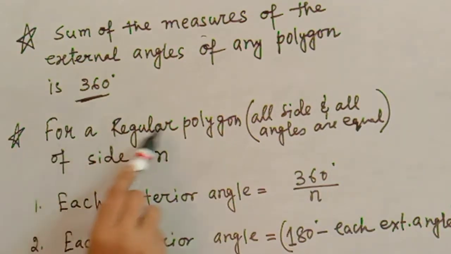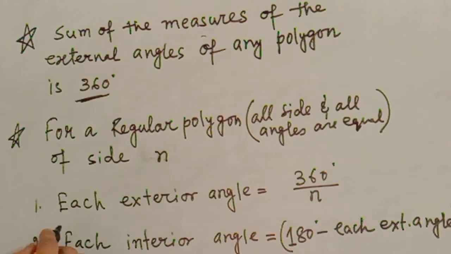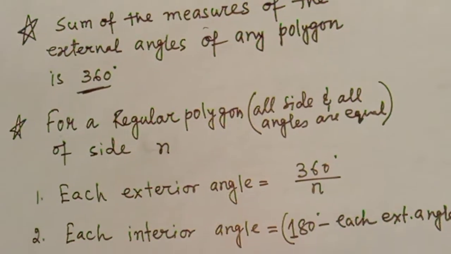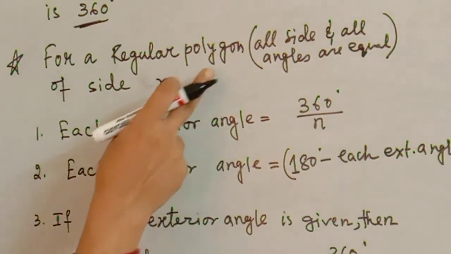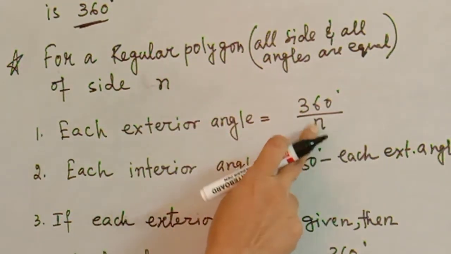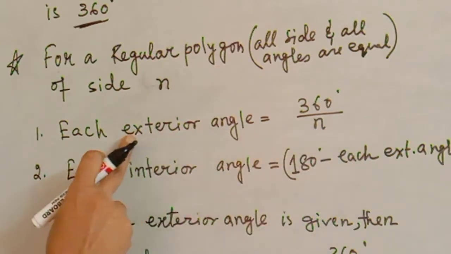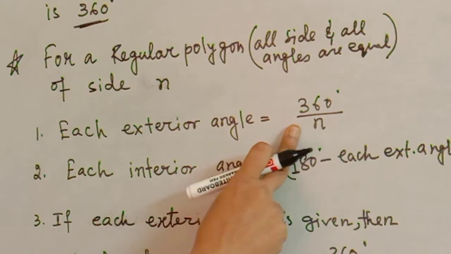So for a regular polygon of n sides, if you want to find the measure of each exterior angle, how can you find it? If it is a regular polygon, then 360 divided by n, the number of sides. Only for a regular polygon can you find each exterior angle by this formula.